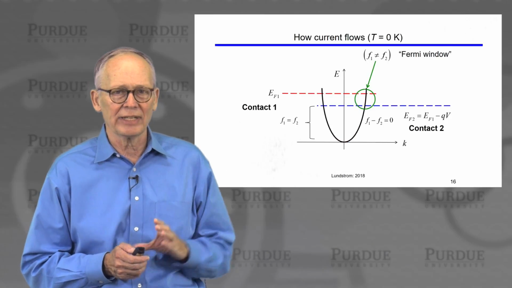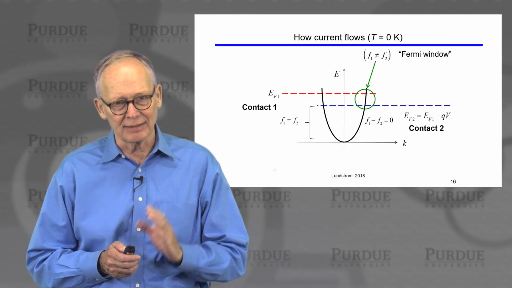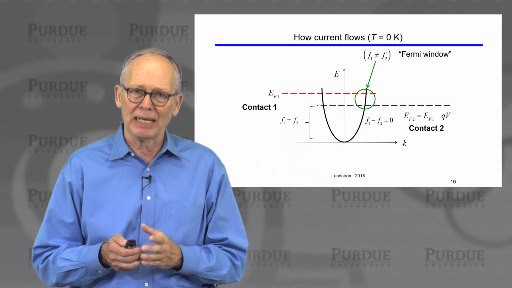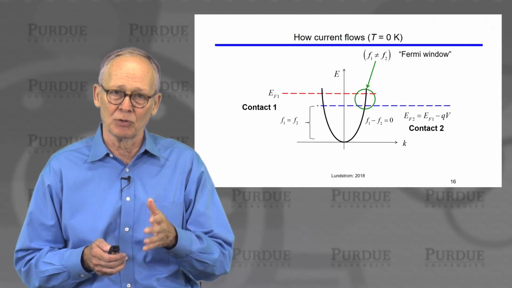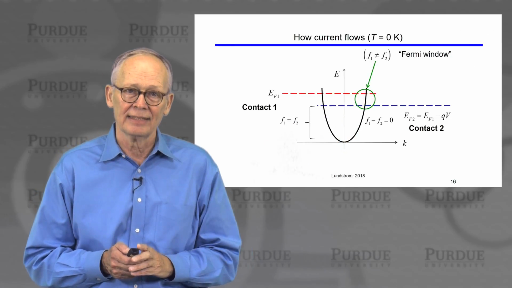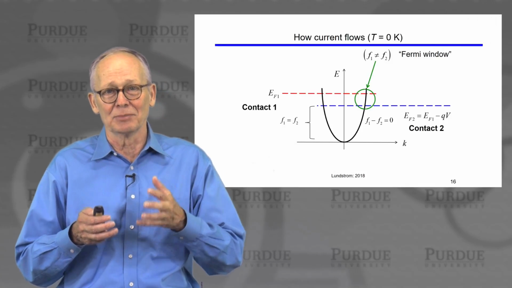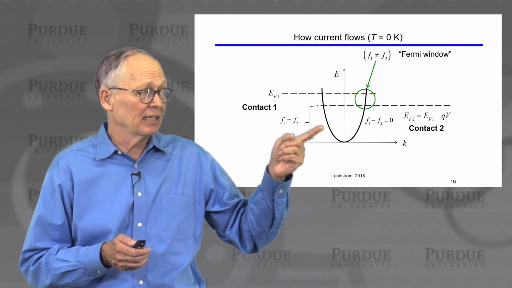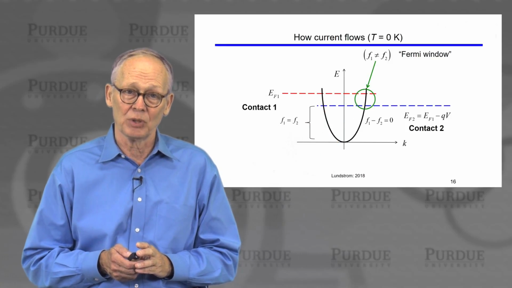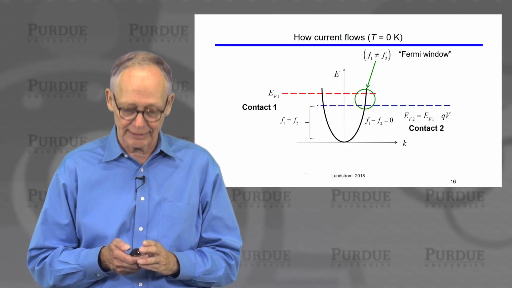So we can understand what happens. These states have a positive velocity. They have a positive slope on the E of k. They have a positive k. They'll have a positive velocity. They want to flow from left to the right. Any electron that comes into this state, and let's think it's most simply to think about the ballistic case for now, any electron that comes in from that state had to enter from contact 1, because contact 1 will inject them with positive velocities.